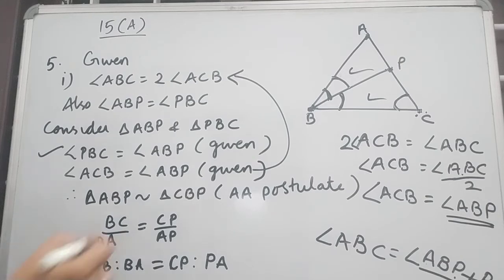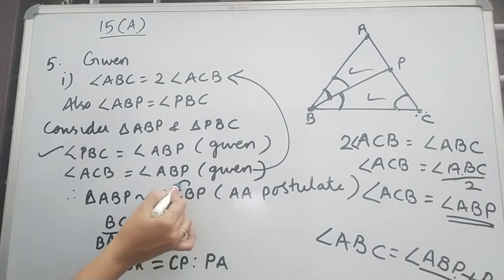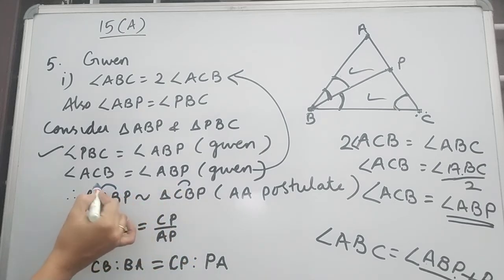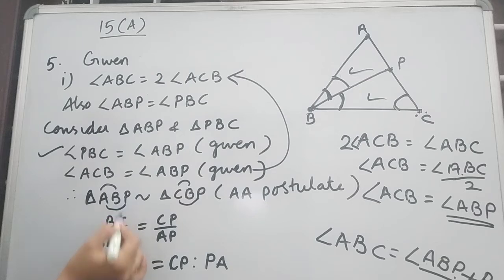BC divided by BA is equal to CP divided by AP. In ratio form, CB is to BA is equal to CP is to PA. That is our first part.